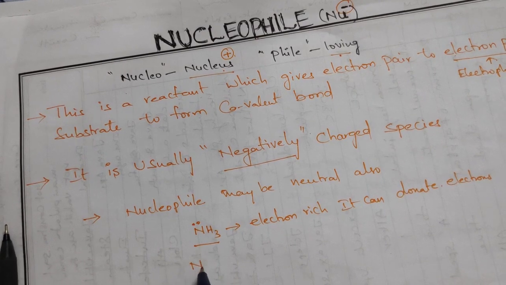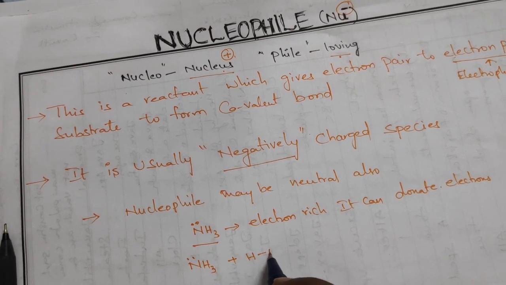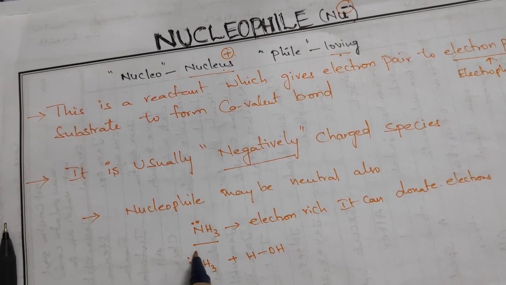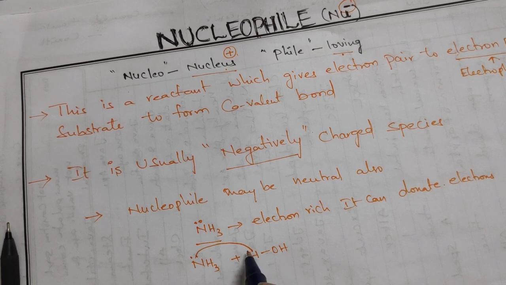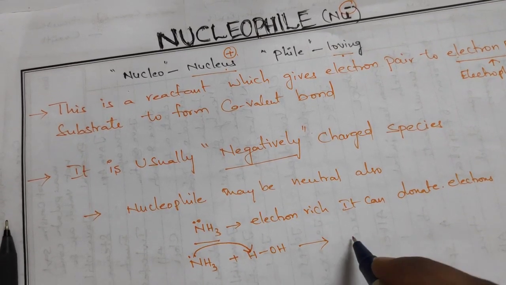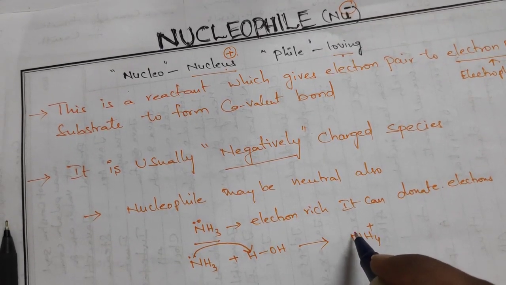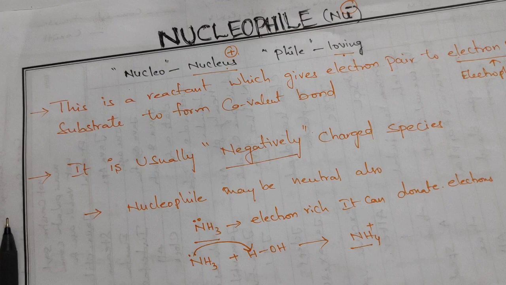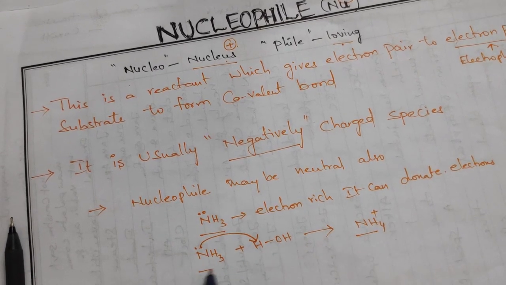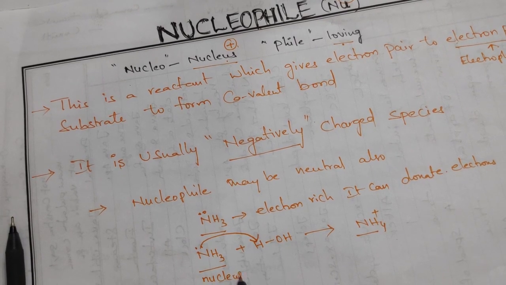If you put NH3 in water, these electrons fix the proton and form an NH4 plus ion. So this is a nucleophile.